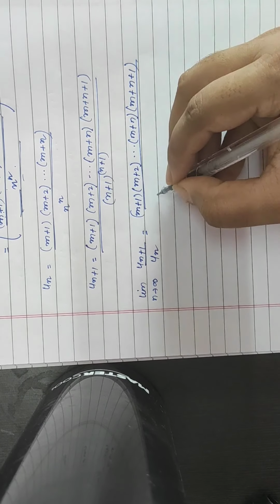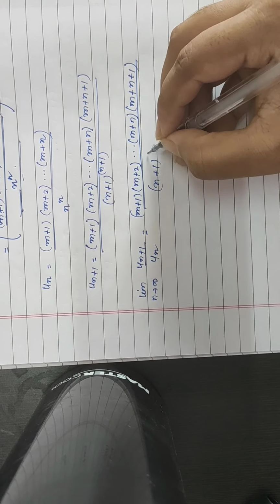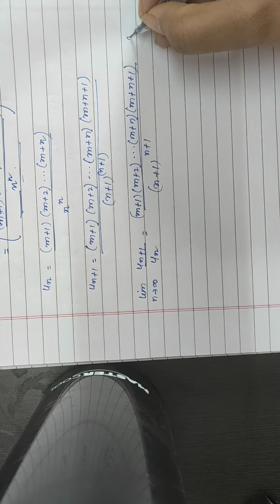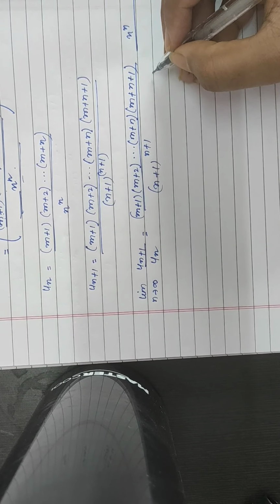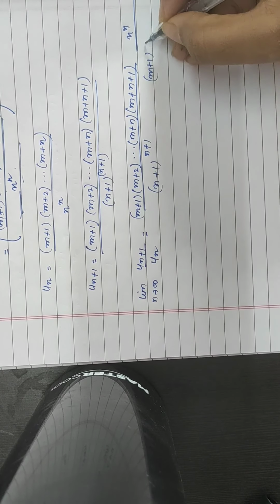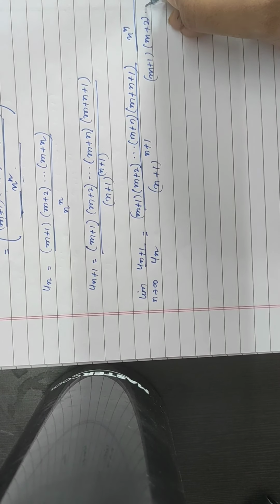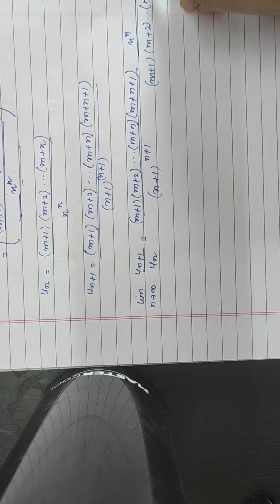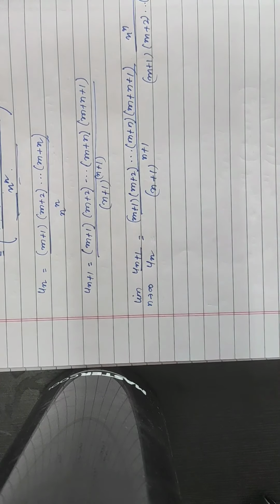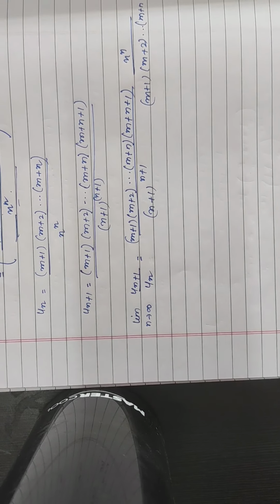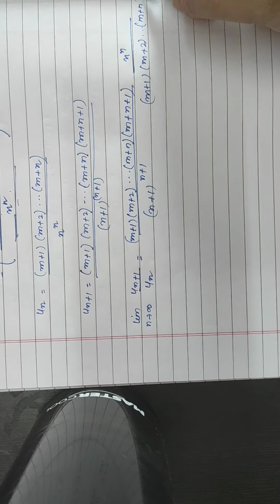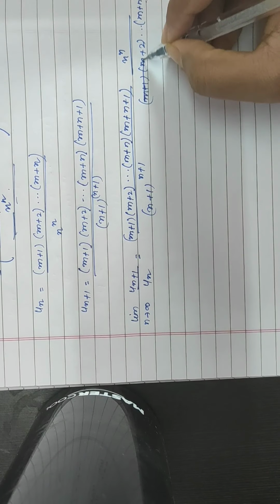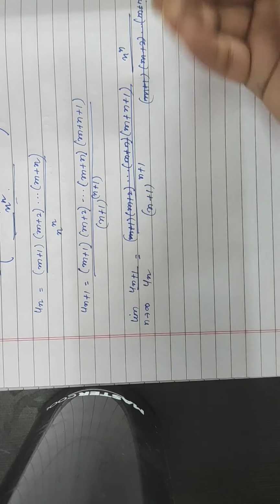What we are doing is just substituting and calculating the values. Now u_n is in the denominator, so it will be in reversed form. So I have written this. Now what do you see? The terms from (n+1) up to (n+n) are the same, so let's cut out these terms.